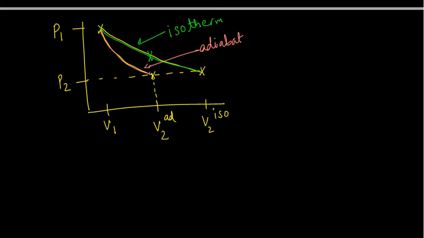So we've expanded the gas at constant temperature in case of the isotherm. In case of the adiabat, there's a change in temperature. And since the volume of the gas is larger, we've expanded. What about the temperature?